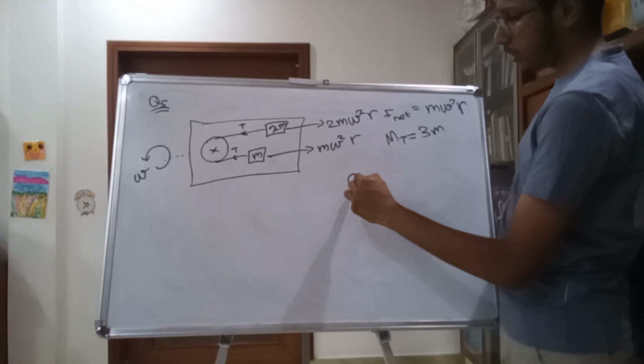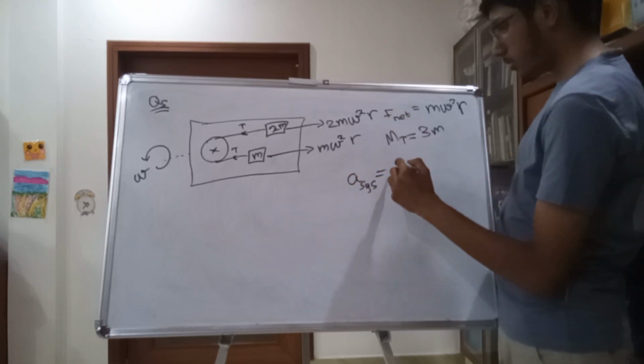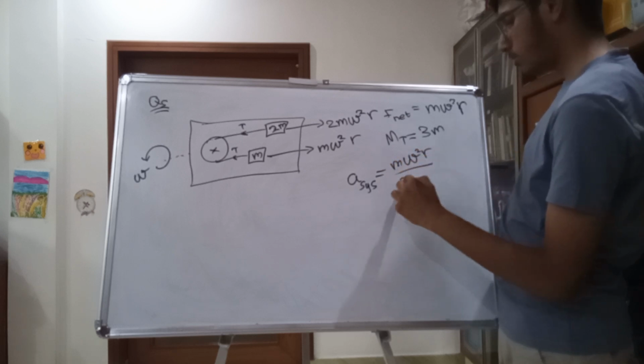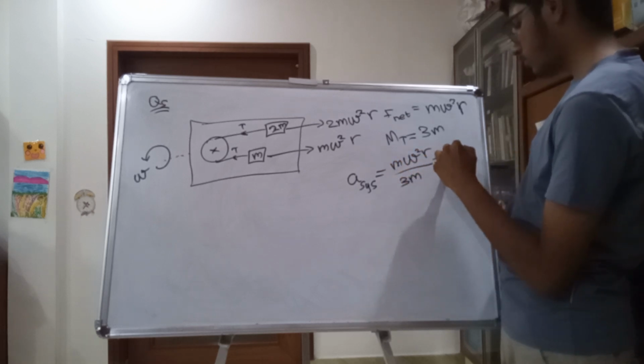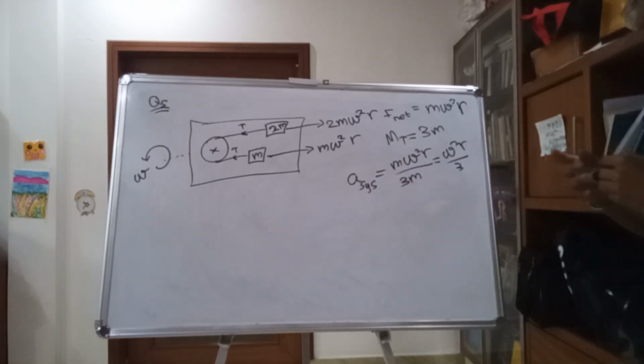So what is the acceleration of the system? Net force divided by total mass equal to omega square r by 3. This is the question number 1. They have asked what is the acceleration of the system. Both are going to be the same in this case.